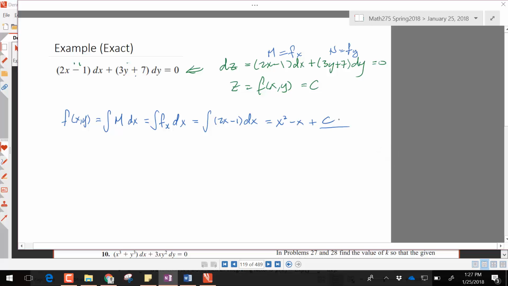So instead of just putting c for any constant, there's a possibility that I get a function of y, which if I had taken the derivative, would have disappeared. So when I'm trying to recover that, I want to account for the fact that I might get another function of y in here.